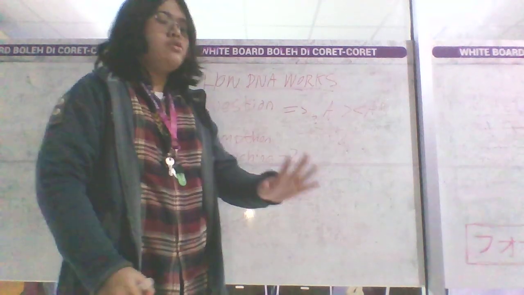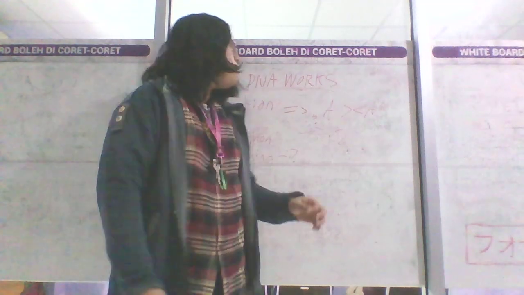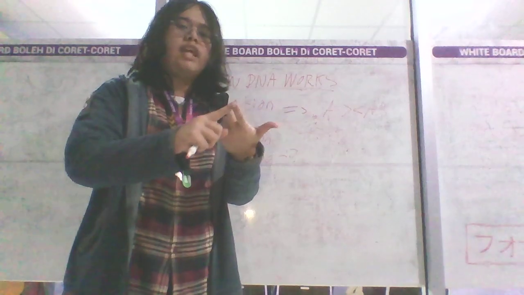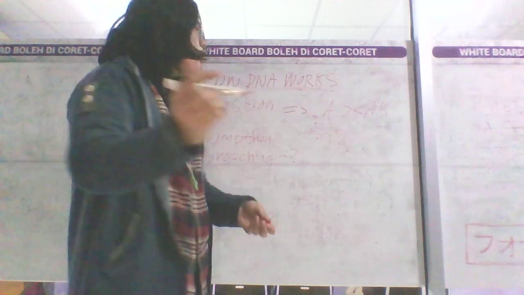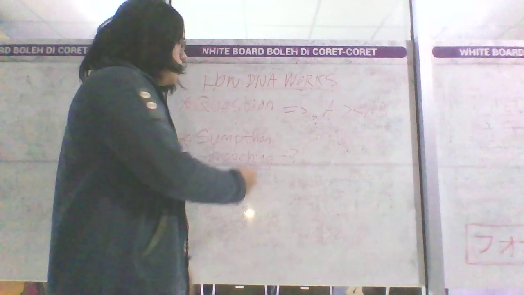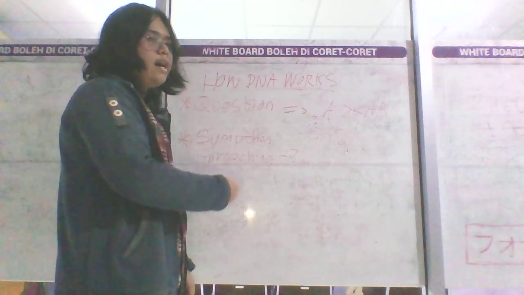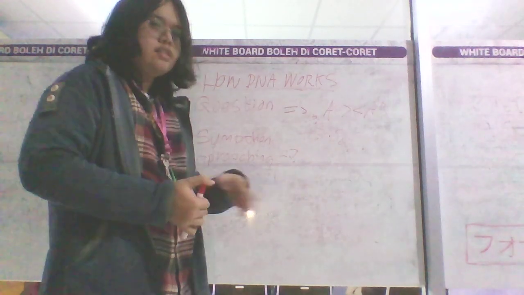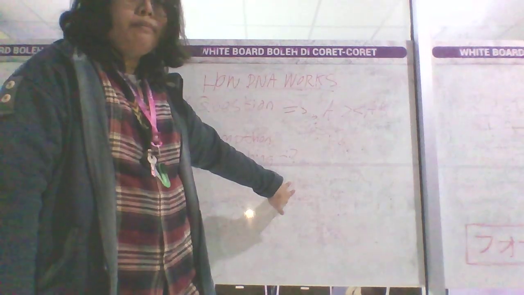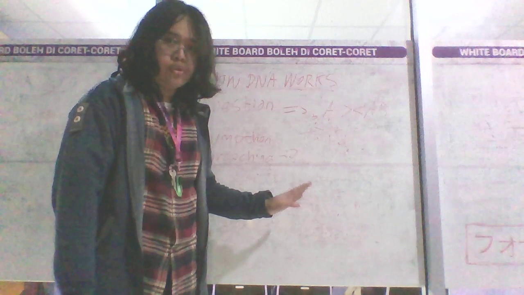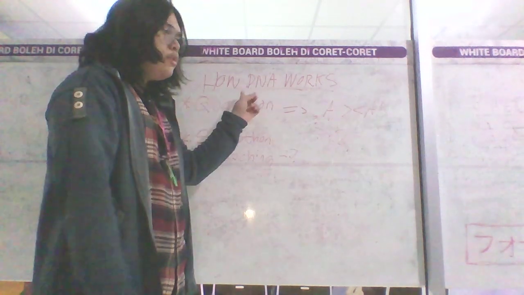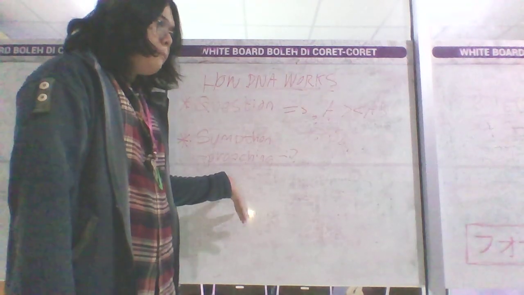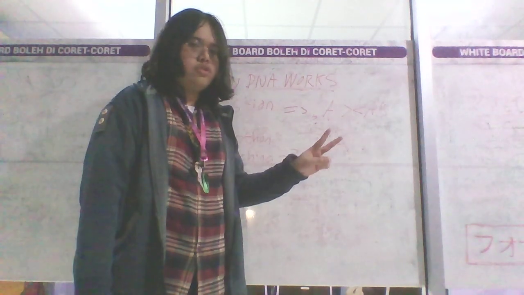So if we summarize our lecture today, we got the basic rule and then the blood type approach, and then the last one is a little bit too long for me to explain, so I will make it easy for you to understand. The symptom approach to how DNA works has many basic rules.